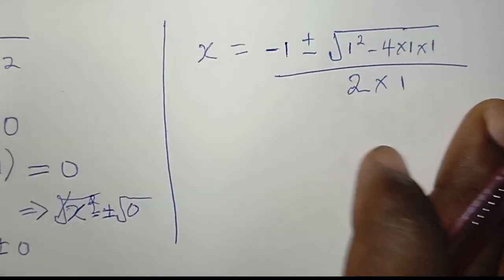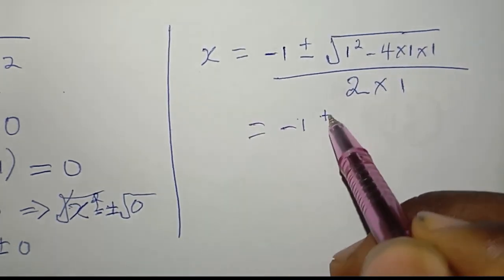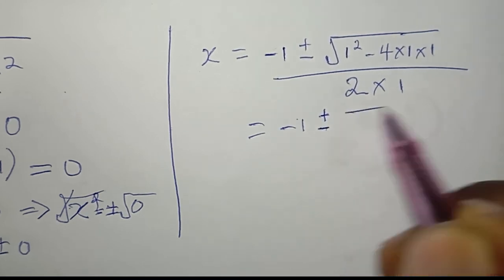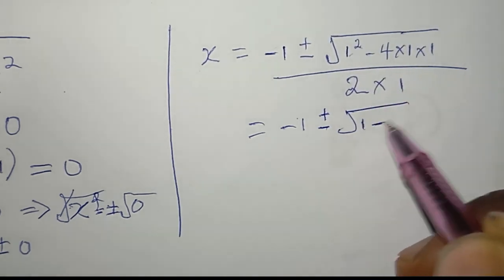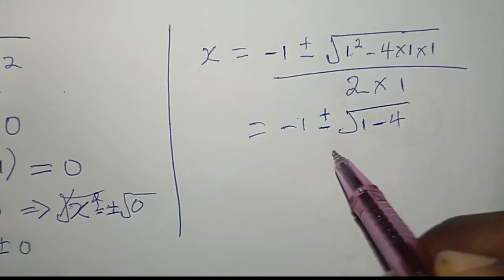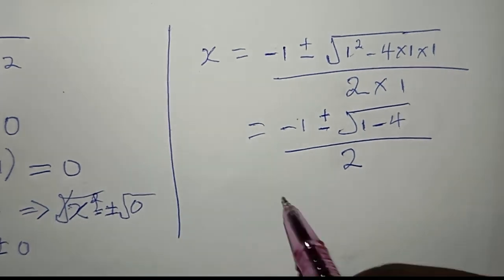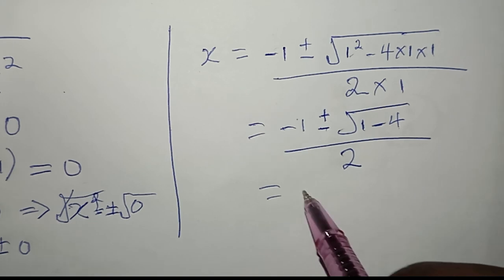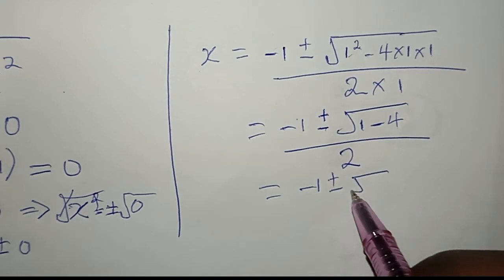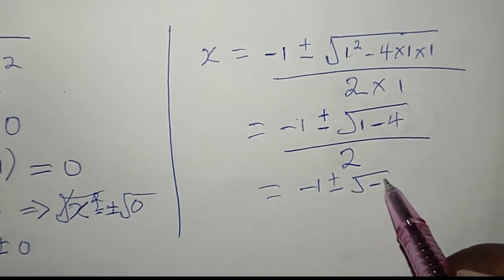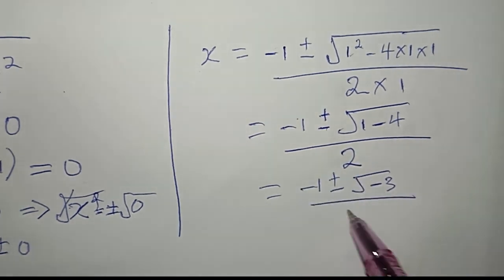Okay, and of course this is going to give us minus 1 plus or minus the square root of 1 power 2 is 1 minus 4 times 1 times 1 will give us 4, all divided by 2 times 1 is 2. Okay, and of course this is equal to minus 1 plus or minus the square root of negative 3, divided by 2.